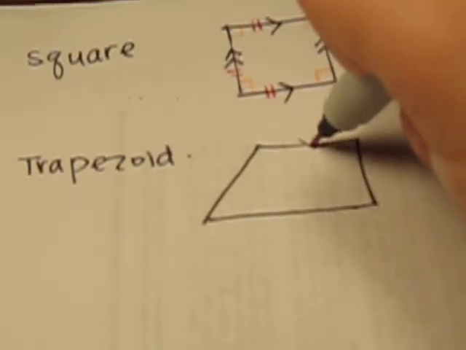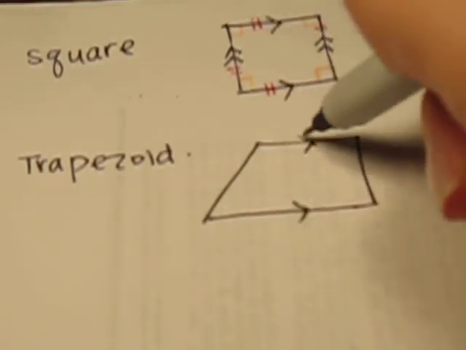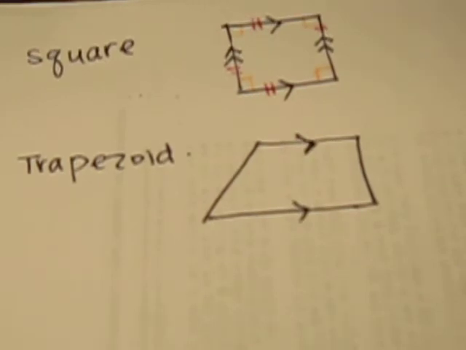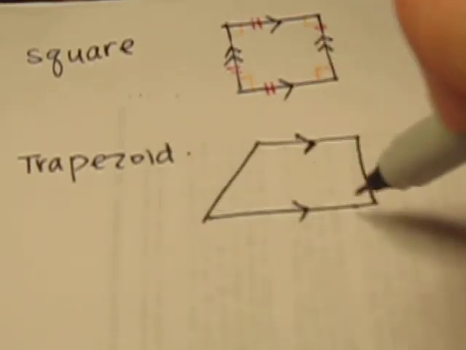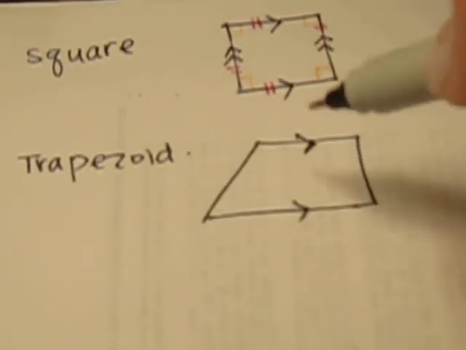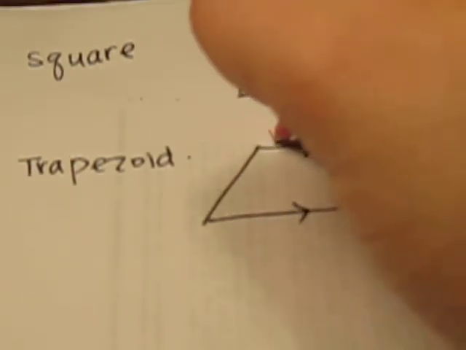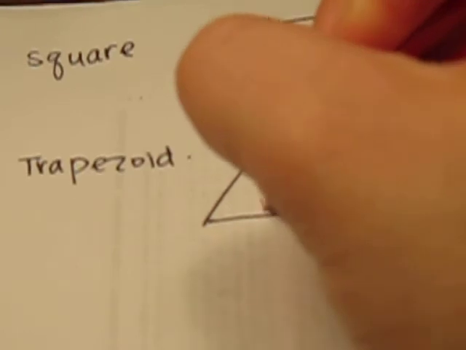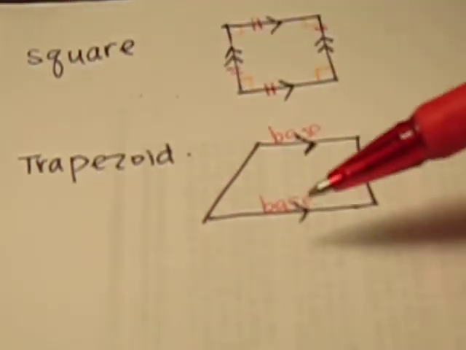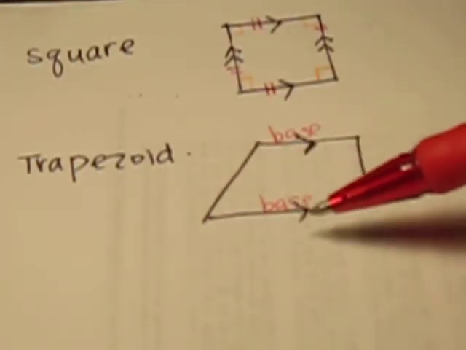It only has exactly one. And we remember when we did some of those formulas for areas, we found out that we call these the bases. The sides that are parallel are called the bases.